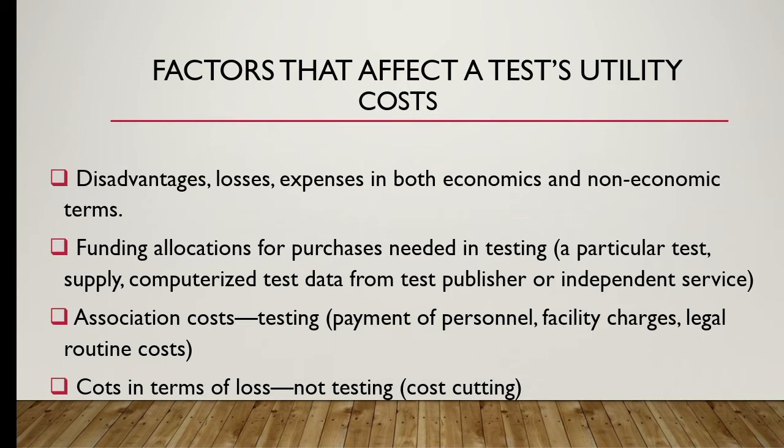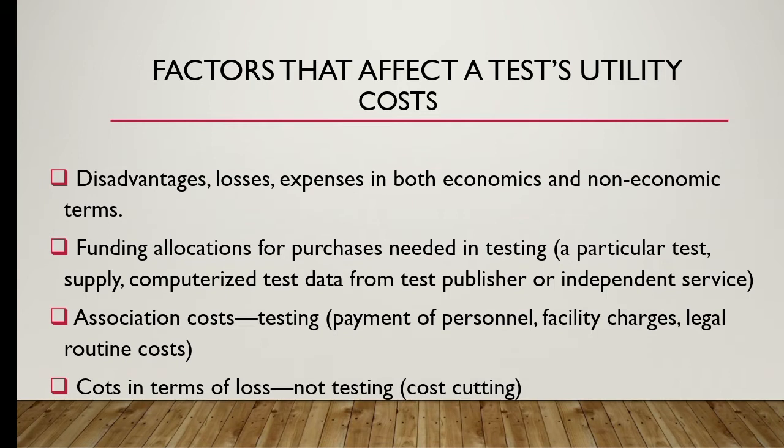In fact, one of the most basic elements in any utility analysis is the financial cost of the selection device or training program or clinical intervention under study. To make it short, cost in the context of test utility refers to disadvantages, losses, or expenses in both economic and non-economic terms.